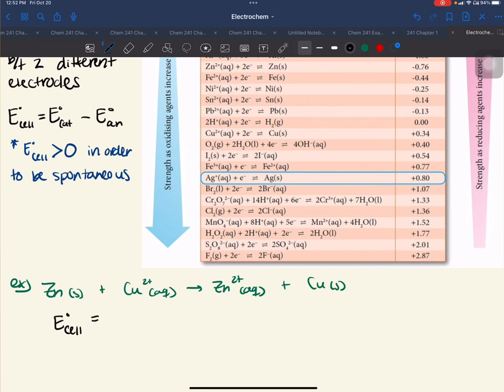So my copper is going to go first. We have 0.40 minus the anode, which is zinc, negative 0.76. And when we do that, you can see we get 1.16 electron volts. This is a positive process, so it is a spontaneous process.